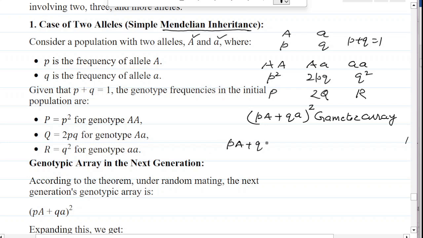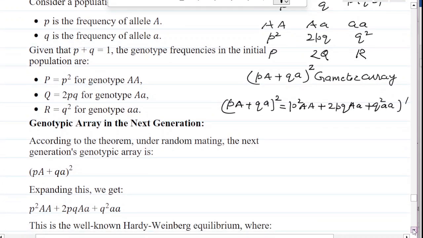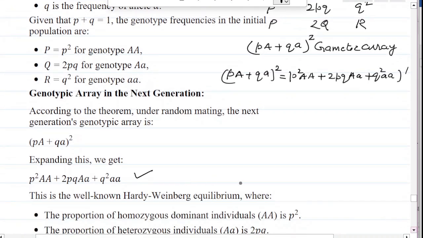PA plus Qa, its square. On squaring this, we will get P square capital A capital A plus 2PQ capital A small a plus Q square small a small a. So when I square the gametic array, I will get this expression. And this is the well-known Hardy-Weinberg equilibrium, which we will discuss later on in the next class.